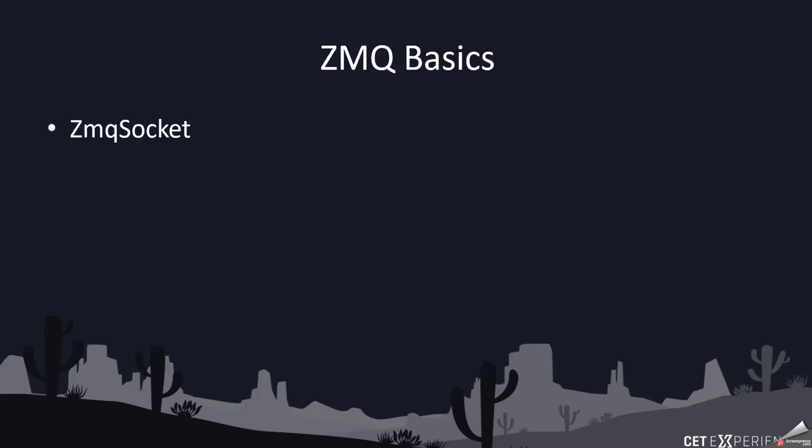Next thing you need is a socket. Just similar to TCP/IP, a ZMQ socket is basically your endpoint for handling messages. So you can send and receive messages using a socket. Sockets are asynchronous, so you can basically send and receive your messages asynchronously.